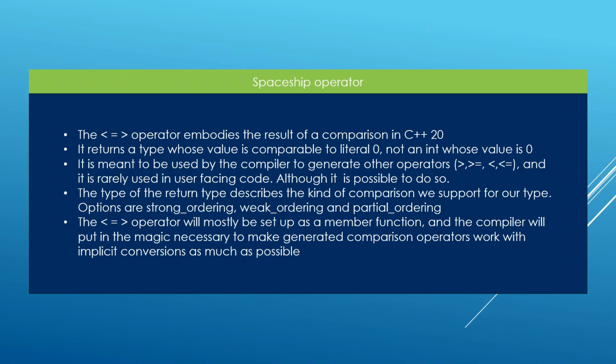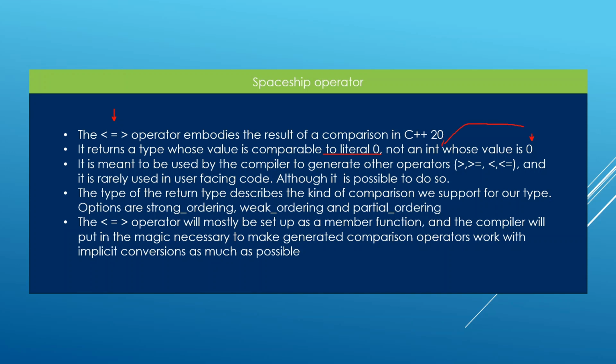Okay, so let's try to sum up what we just learned about in this lecture. So the three-way comparison operator is going to embody the result of a comparison in C++20. It's going to return a value whose value is comparable to literal 0. So the values in strong ordering, weak ordering, or partial ordering can be compared to literal 0, but you can't compare them to a 0 that is stored in an integer.